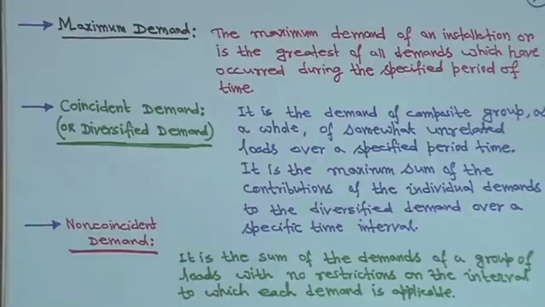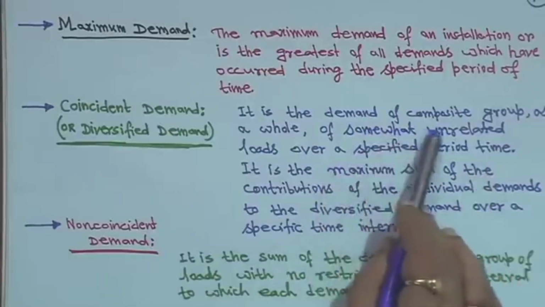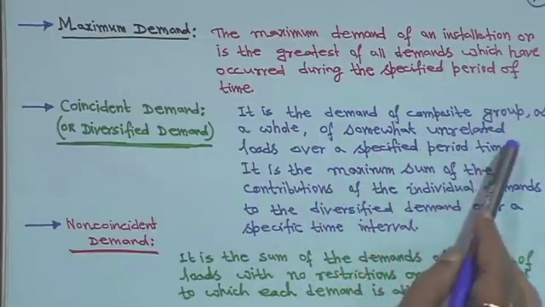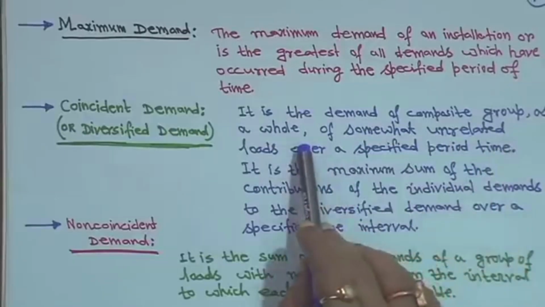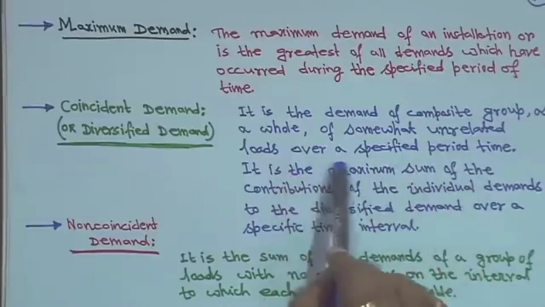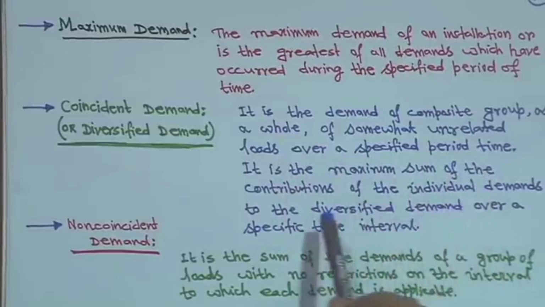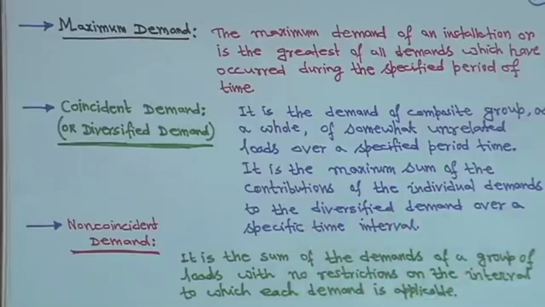So it is the demand of the composite group as a whole of somewhat unrelated loads over a specified period of time. It is the maximum sum of the contributions of the individual demands to the diversified demand over a specific time interval. So everywhere the time interval is specified.